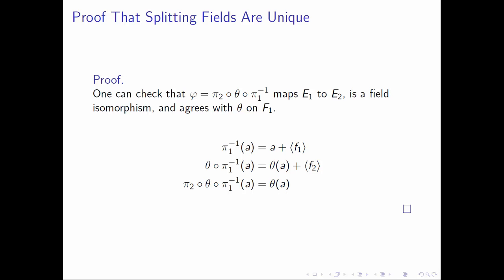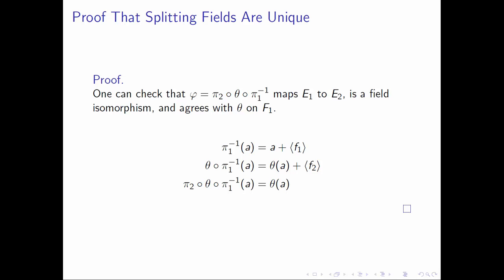Now when we apply theta to that, going from this first line to the second line, we apply theta in pieces. We apply it to a, and then we also apply it to the ideal generated by f1. So theta applied to a is just theta of a as we have written, and theta carries f1 to f2 by hypothesis. So that's why we have the ideal generated by f1 mapping to the ideal generated by f2. Lastly, we apply pi 2 to each of these pieces.